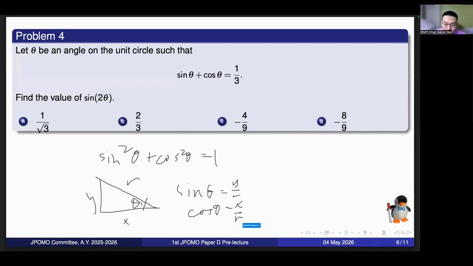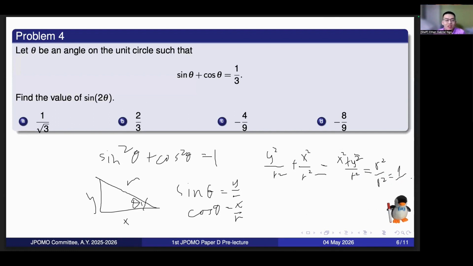Squaring both of these, we get y²/r² plus x²/r², which is basically equal to (x² plus y²)/r². Now that we have x² plus y² equals r², which is the Pythagorean theorem, we just get r²/r², which is equal to 1.